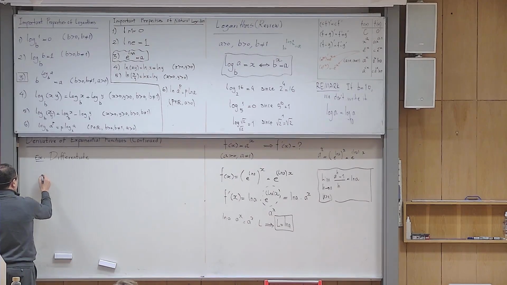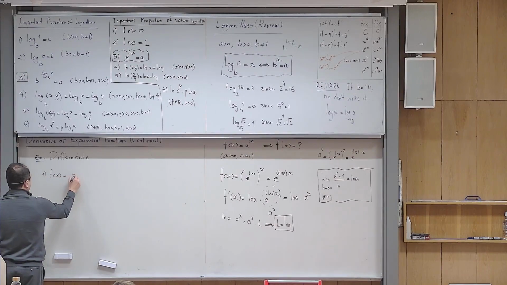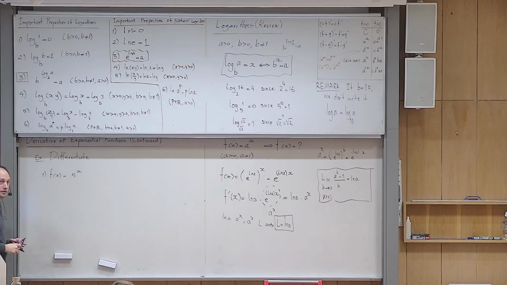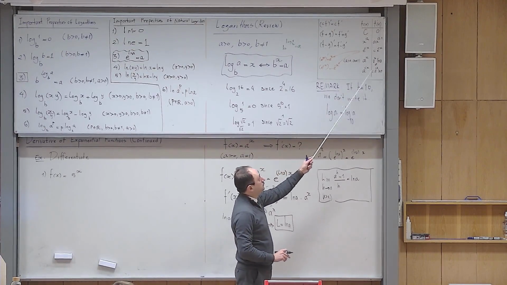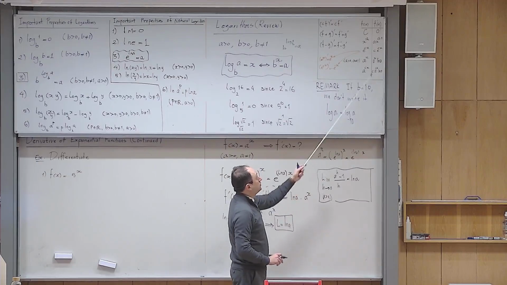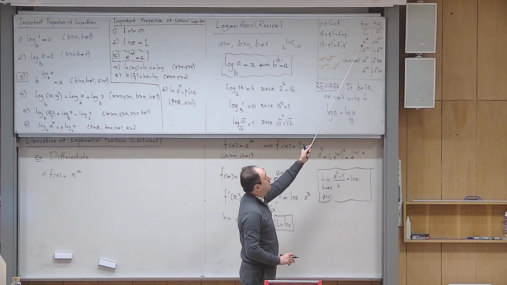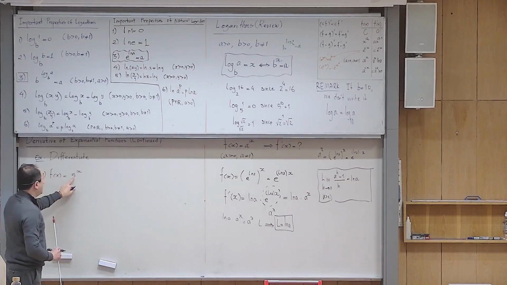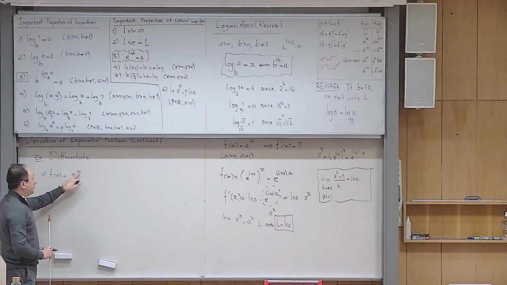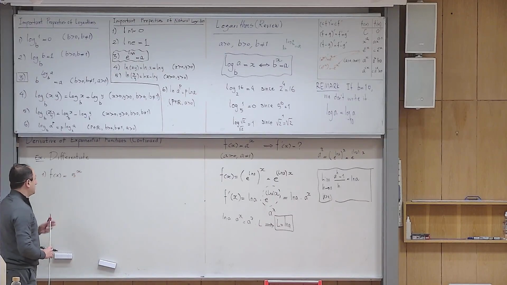Let me start with a very simple example. f of x is 5 to the power of x. If you want to differentiate this function, you need to understand that you are supposed to use this formula. How do you know that this is not the second row formula? Because the base is constant and the power is variable. So that's an exponential function.